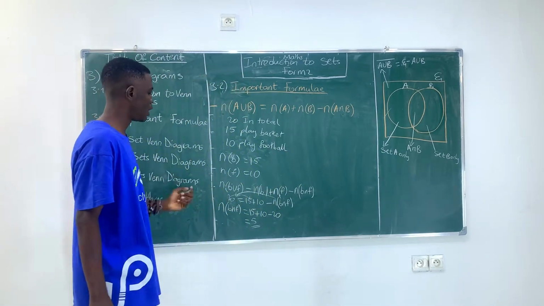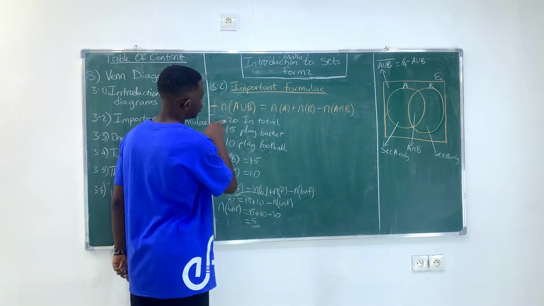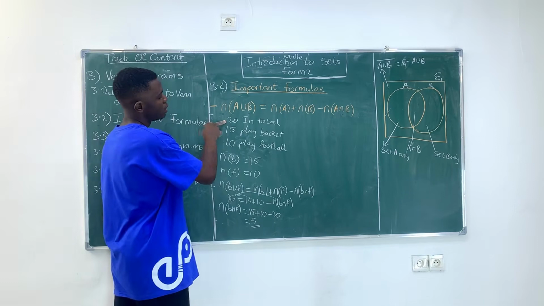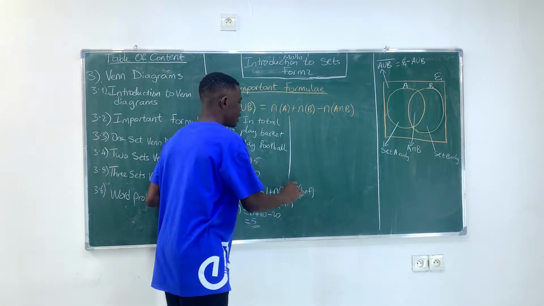And if you use this 5 and test the formula, you'll see that n of A union B is equal to 20. Let's check. Let's test the formula.